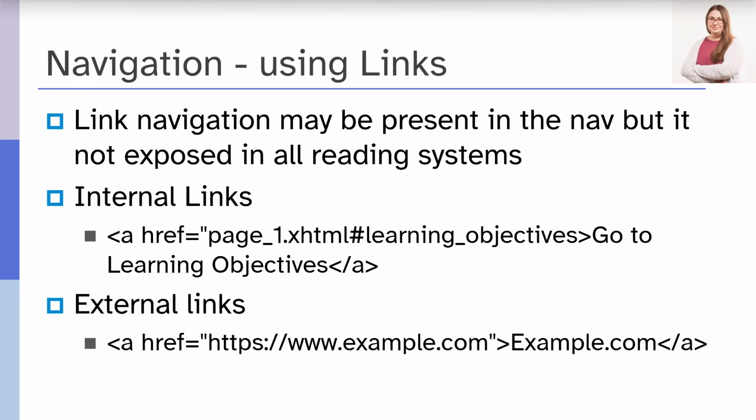So going to the learning objectives for the beginning of a chapter. They can also be external links, so pointing to the DAISY Consortium website, or pointing to an accessibility resource. Using those links for navigation is kind of a quick way of hopping around and finding relevant information when you're looking through, say, reference material. And so it can be pretty useful for readers as they're navigating through.